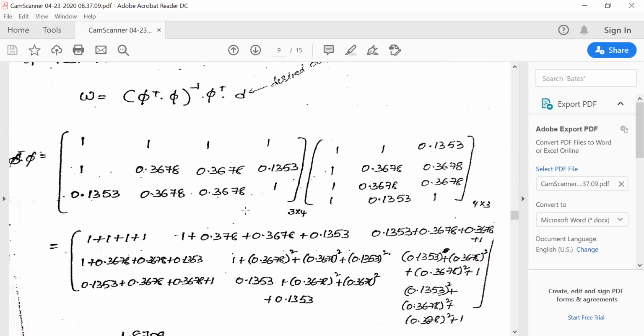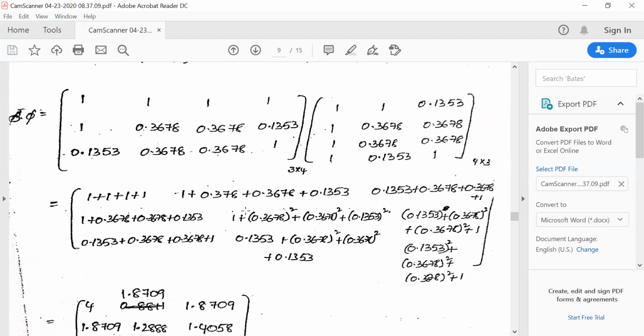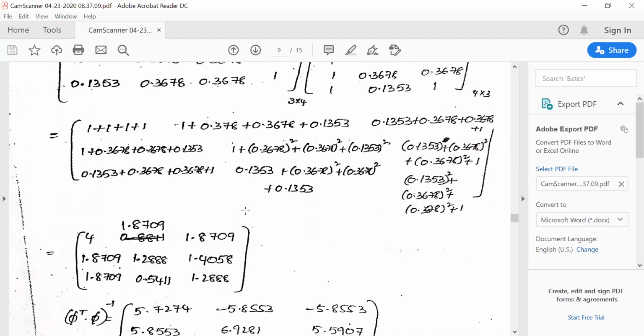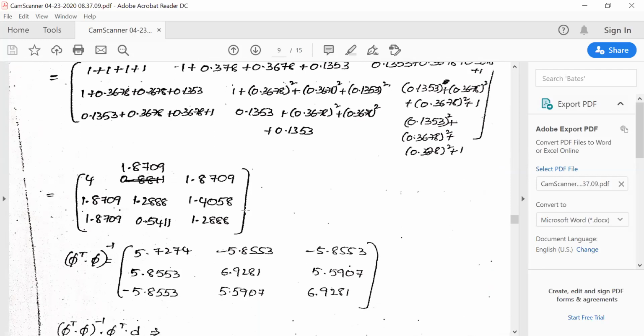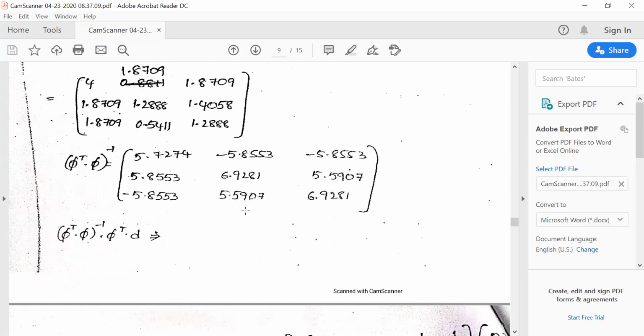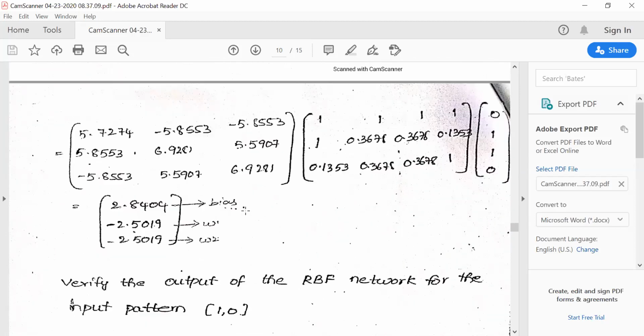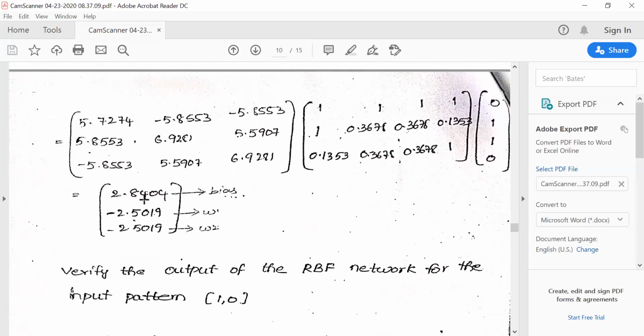Okay, so calculate that. Use simple matrix multiplication, and somehow you will get the final answer: 2.8404, minus 2.5019, minus 2.5019. Because we added the bias values once as the first column, here you need to consider the first value you get as the bias value.